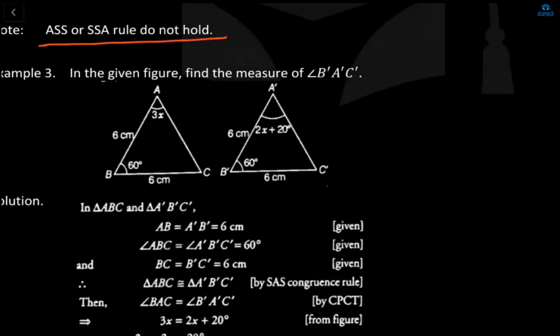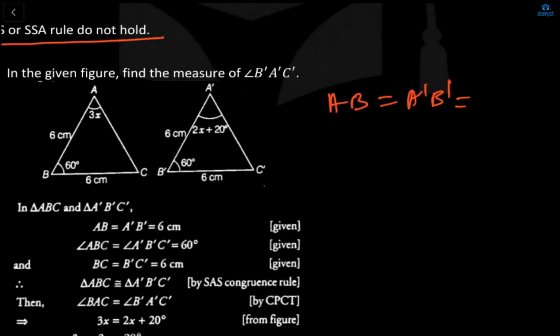What we can do is prove both the triangles congruent. Now, how can we prove the triangles congruent? You have to see what things are given. Here, AB is given and AB is equal to A dash B dash, which is equal to 6 centimeter.